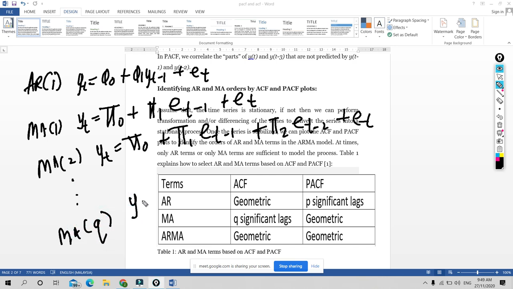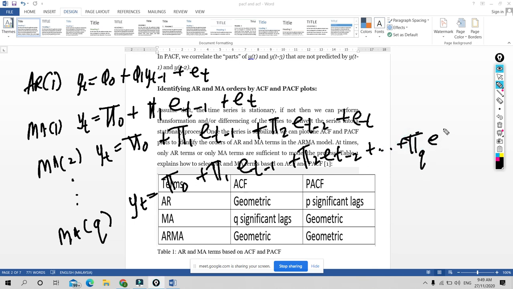Let's say the plot is lag against the coefficient. Here is ACF, autocorrelation function, autocorrelation here, and here is lag.